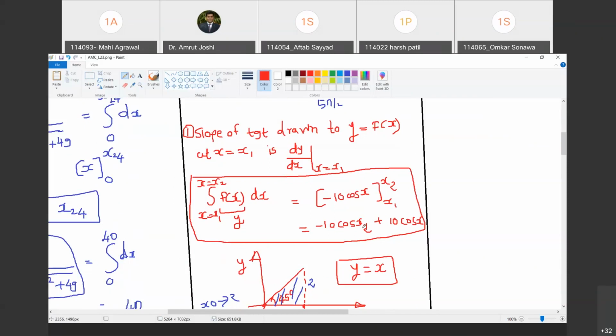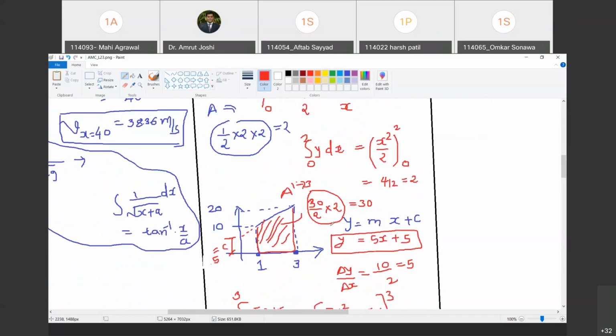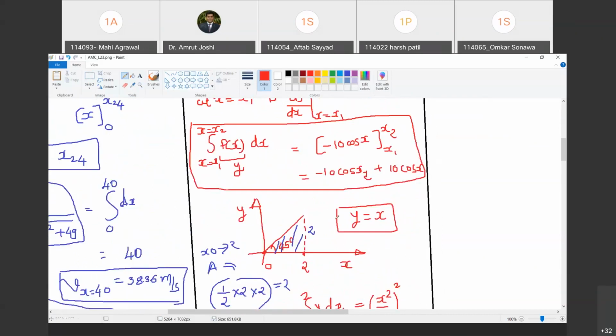Yes, sir. So what I mean to say is you have to understand and keep in mind very firmly these two geometrical interpretations, graphical interpretations. क्या interpretations है? If there is a curve y as a function of x, and if I draw a tangent to this curve at x equal to x1, the slope of the tangent is given by dy by dx evaluated at x equal to x1.